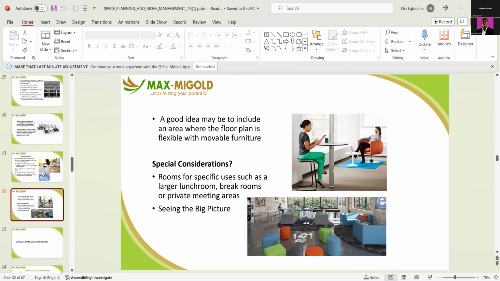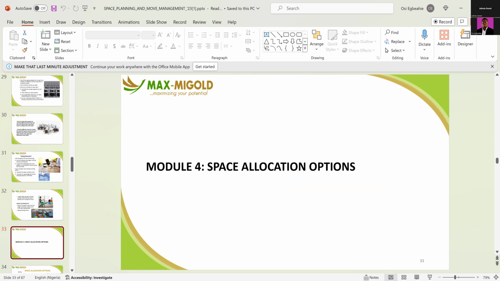Then specific considerations may be given to rooms with specific use, such as large lunch rooms, breakout spaces, private meeting areas. You must see the big picture from time to time when you are doing your planning, to be sure that the office is a good and cozy atmosphere to work.